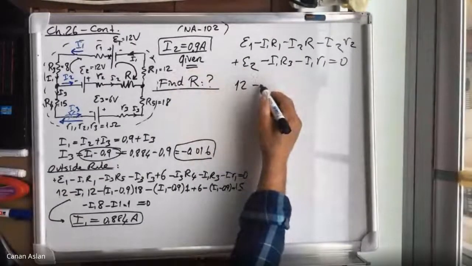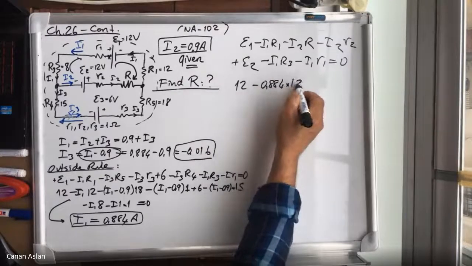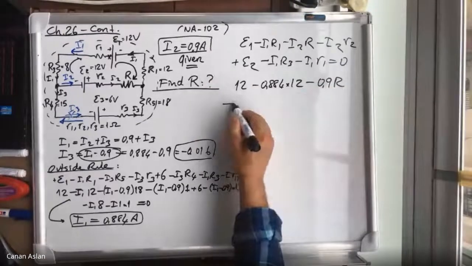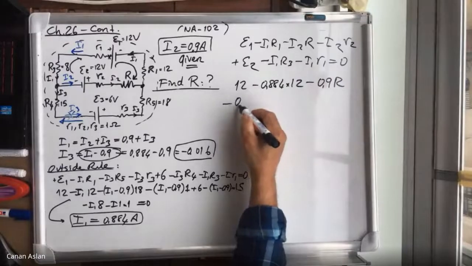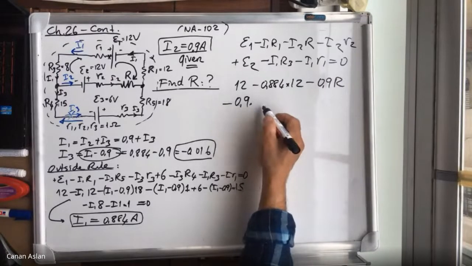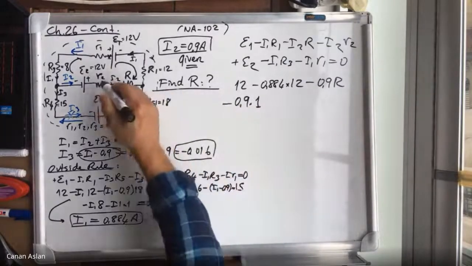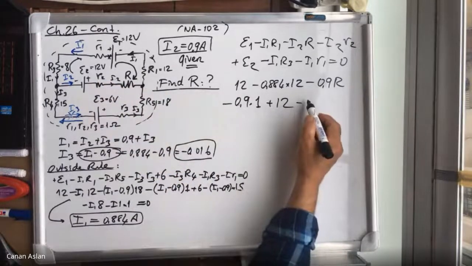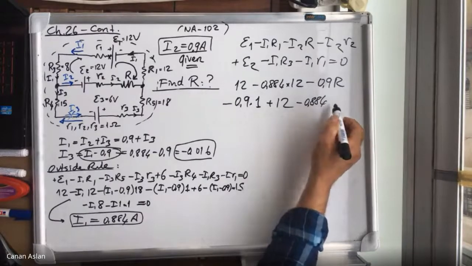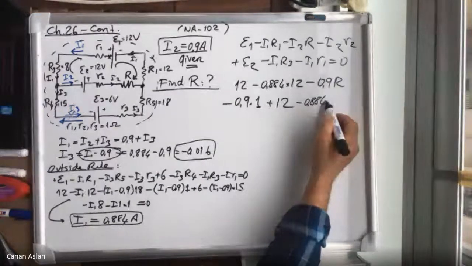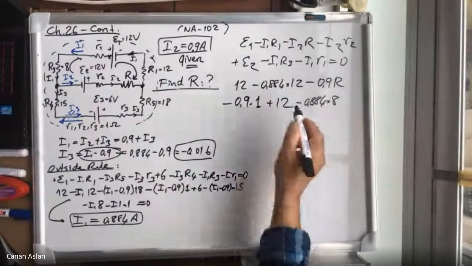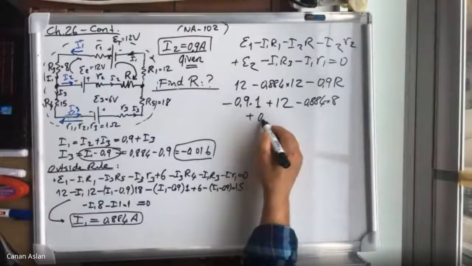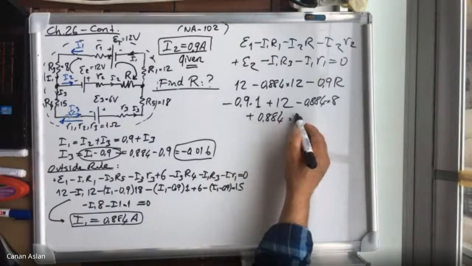R1 is 12 and I1 is 0.884 times 12, minus I2, which is 0.9 times R, minus I2 times r2, but I2 is again 0.9 times r2 is just 1 ohm, and then plus 12 volts, this epsilon 2 is 12 volts, minus I1, which is 0.884 times R3, which is 8, and then the last term is I1 times R1, 0.884 times R1, which is just 1, equals 0.